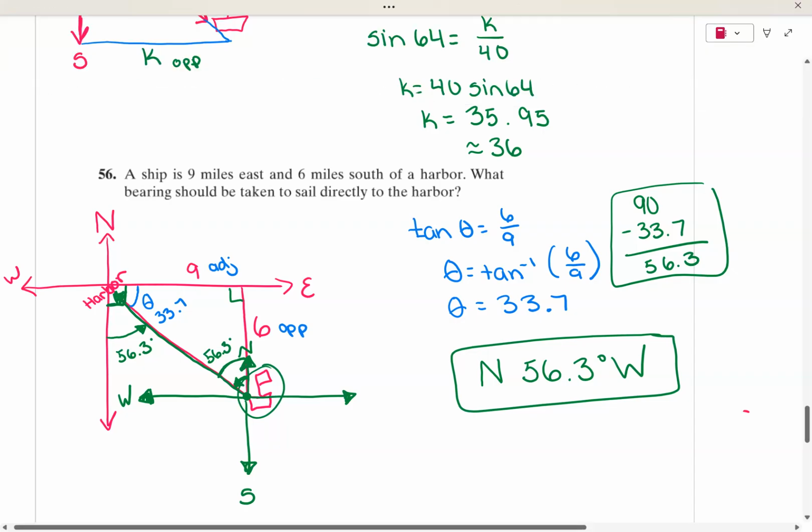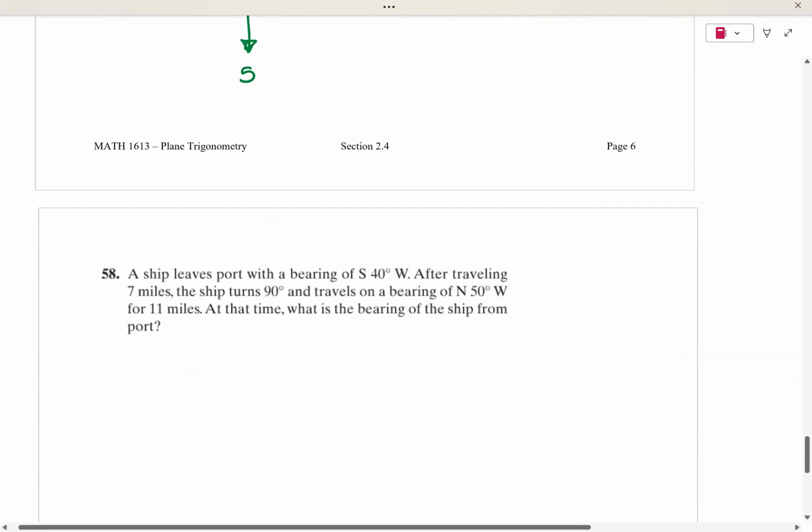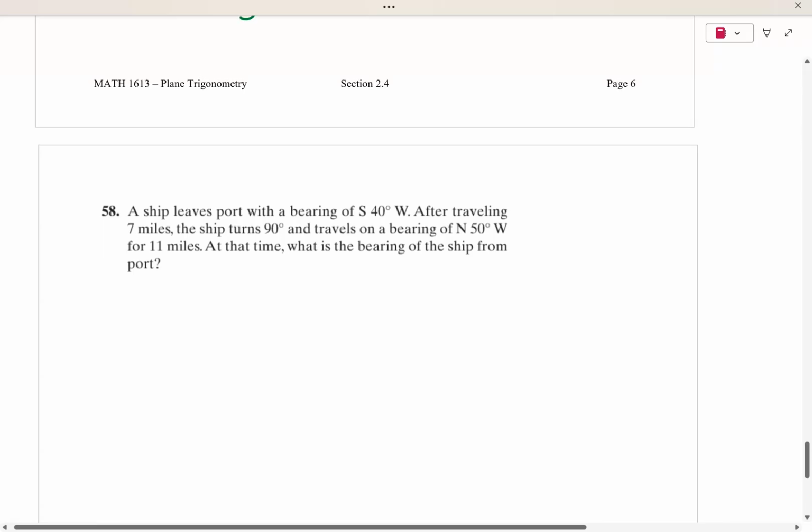Okay, I think we got one more. Let's see what we got here. A ship leaves the port with the bearing of south 40 degrees west. After traveling 7 miles, the ship turns 90 degrees and travels on a bearing of north 50 degrees west for 11 miles.